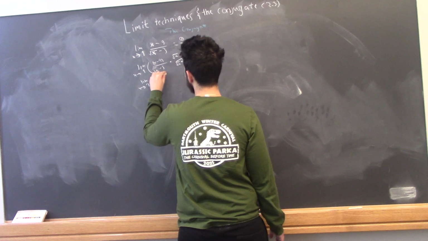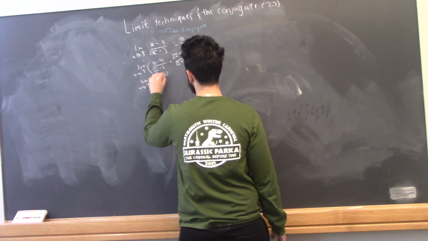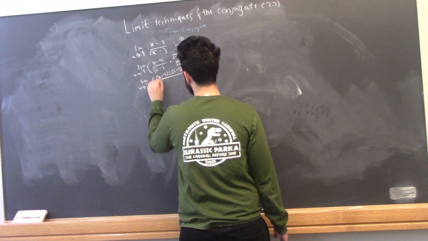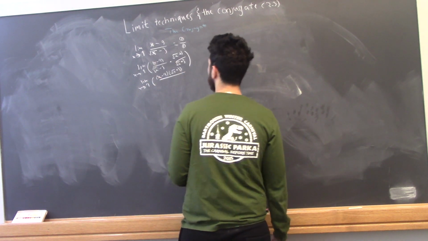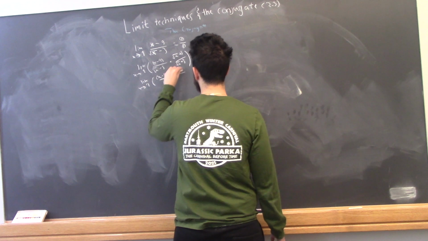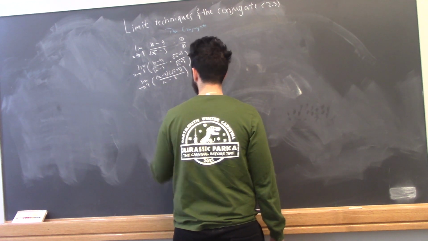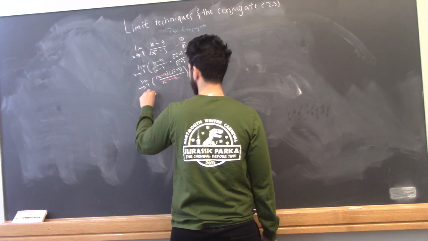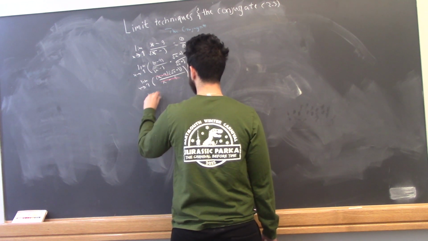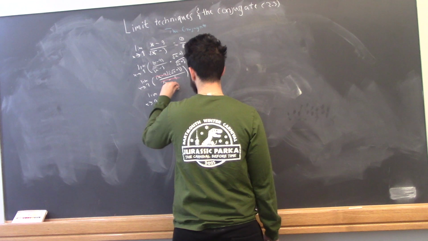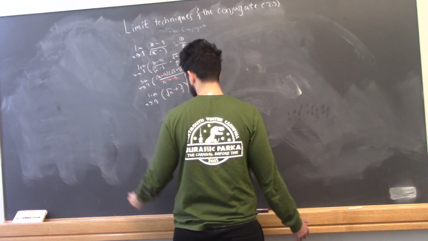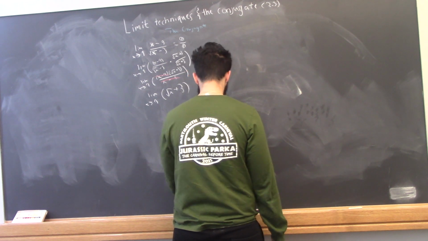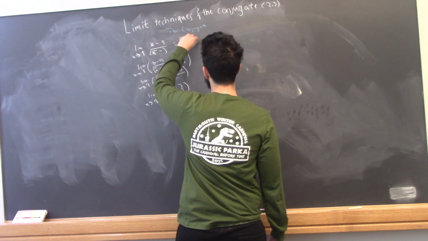You get x minus 9, quantity times square root x plus 3, all over x minus 9. Cancels out. You're left with a limit as x goes to 9 of the square root of x plus 3. Now we go back to square 1, which is plugging it in. Square root of 9 is 3, plus 3 is 6.